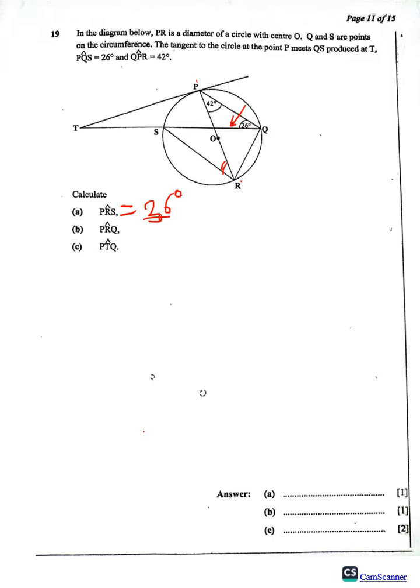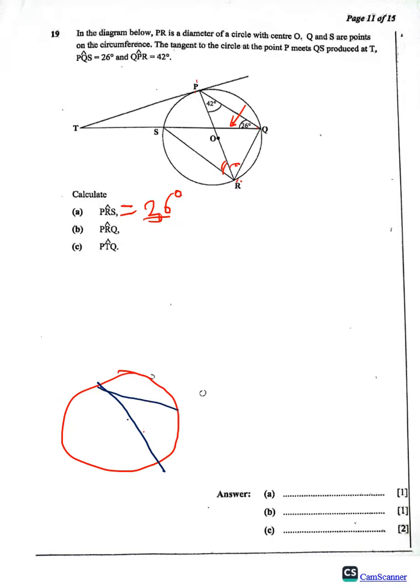Okay, now let's look at the angle PRQ. Let's also try to have a picture. If we have a circle like this one, then we have a diameter. A diameter is a chord that cuts a circle into 2 halves.